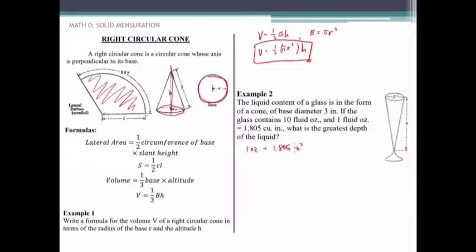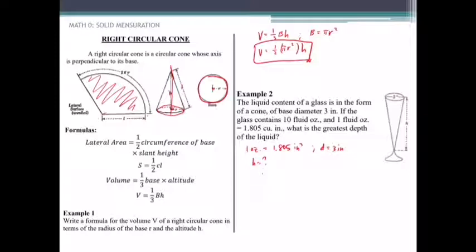By the way, we are given the diameter of the base to be 3 inches. What is the greatest depth? We need to find h.